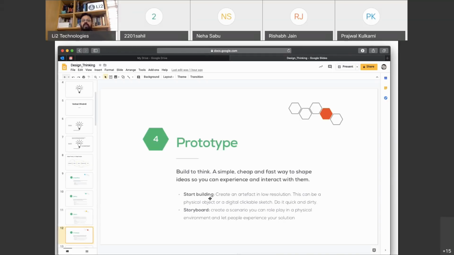So if I take a step back, we started in 2013 to work on a 3D printer, right? We were already 4 years into business of Li2, and we decided to build a 3D printer. We just went out, started building a prototype first, and then a lot of things happened. Then we got a context, and today when you see what the company is doing, Brahma 3 is the name of the company.